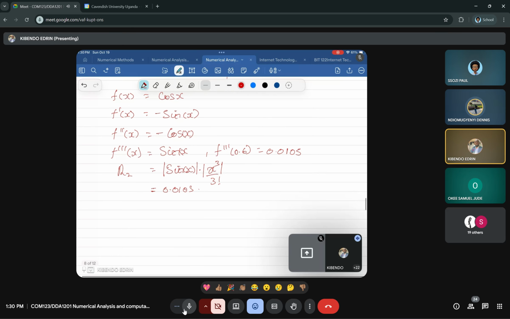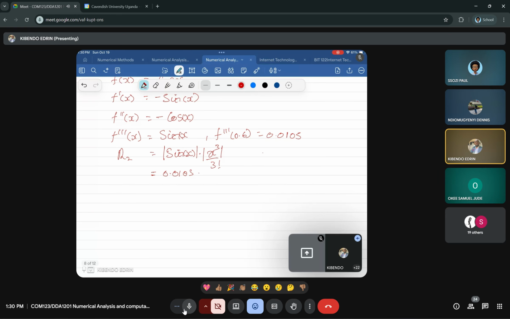The entire A is 0. The expression of x minus a is equivalent to 0.6. Okay. Does it make sense? This entire expression. Okay.